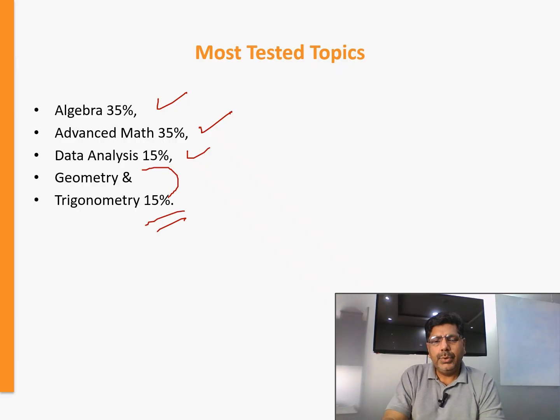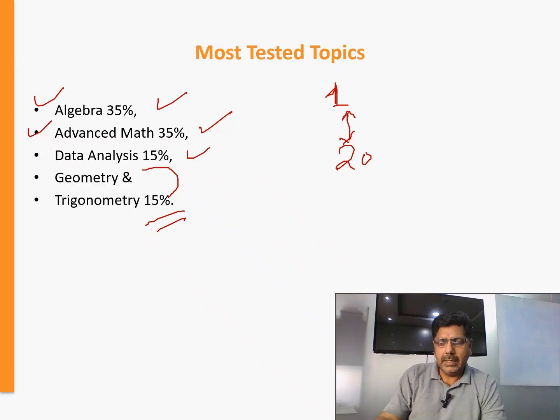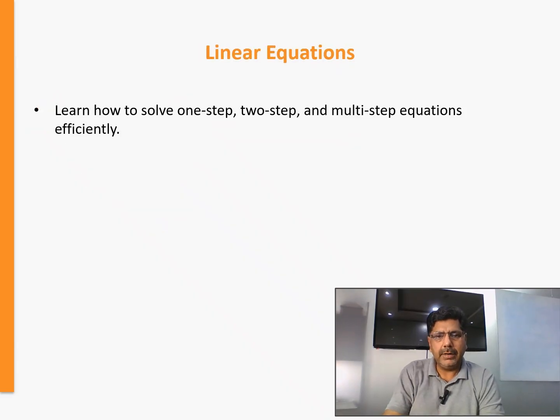We will discuss from chapter 1 to chapter 20. All this will be covered with the formulas, with some solutions of the questions, and at the end we will evaluate ourselves with mock tests. Now here, number 1, we have linear equations and how to solve one-step, two-step, and multi-step equations.